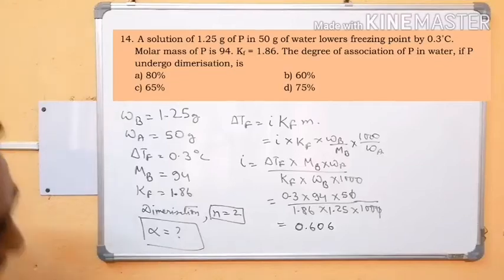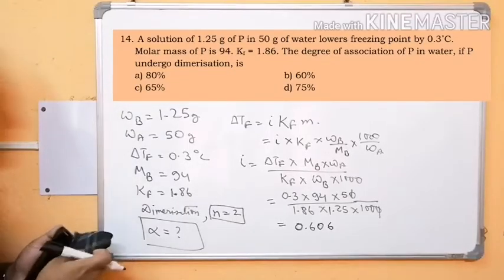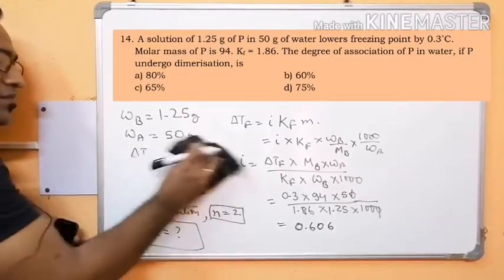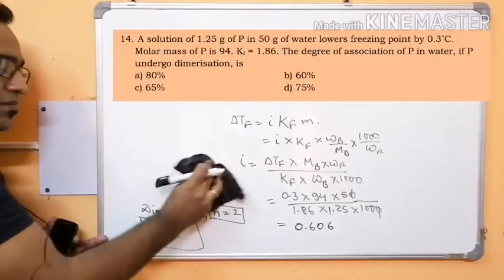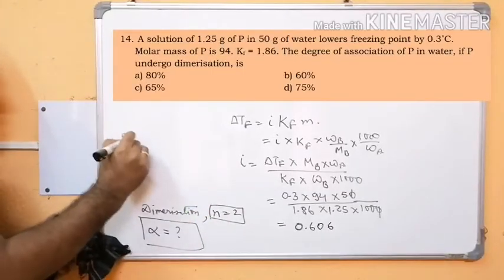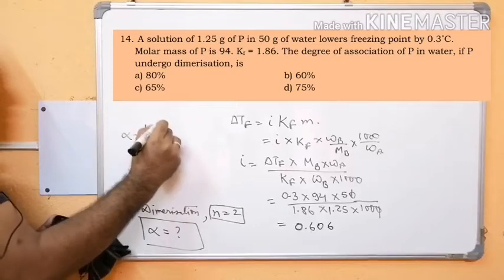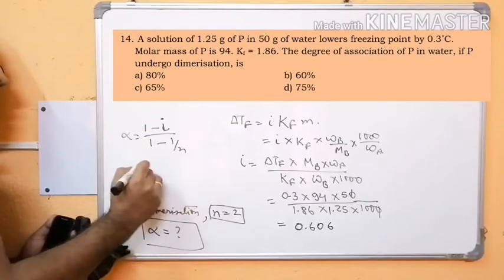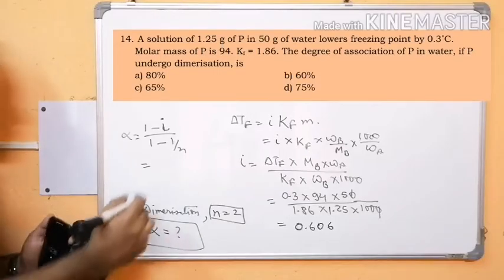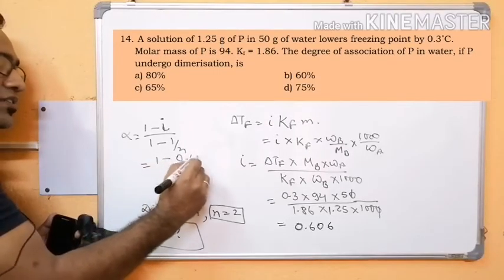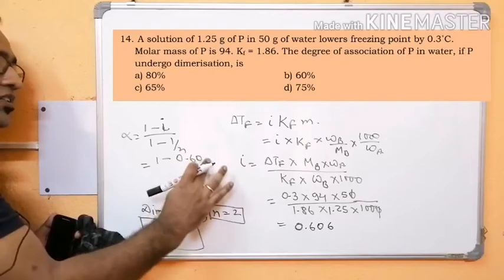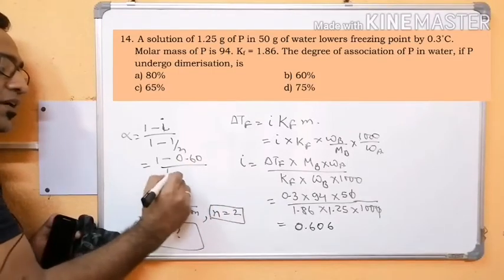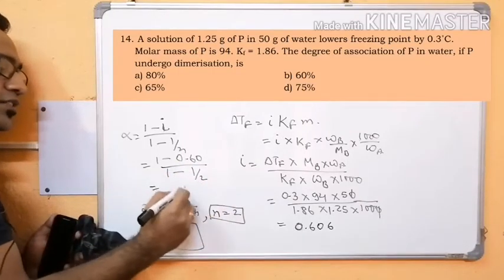Now how can we calculate the alpha value? Alpha is equal to 1 minus i divided by 1 minus 1 by n for association. So 1 minus 0.606, or you can take 0.6, so it is 0.4, divided by 1 minus 1 by 2, that is 0.5.